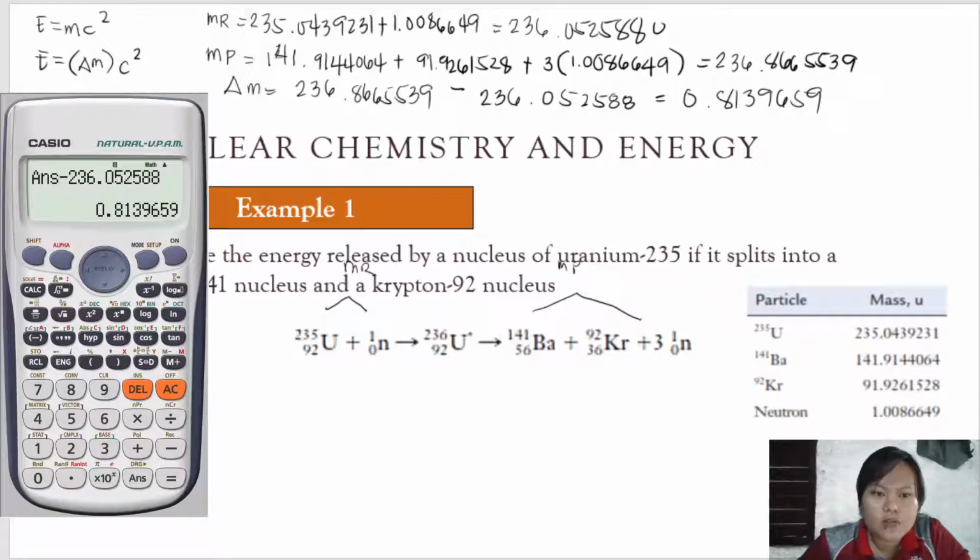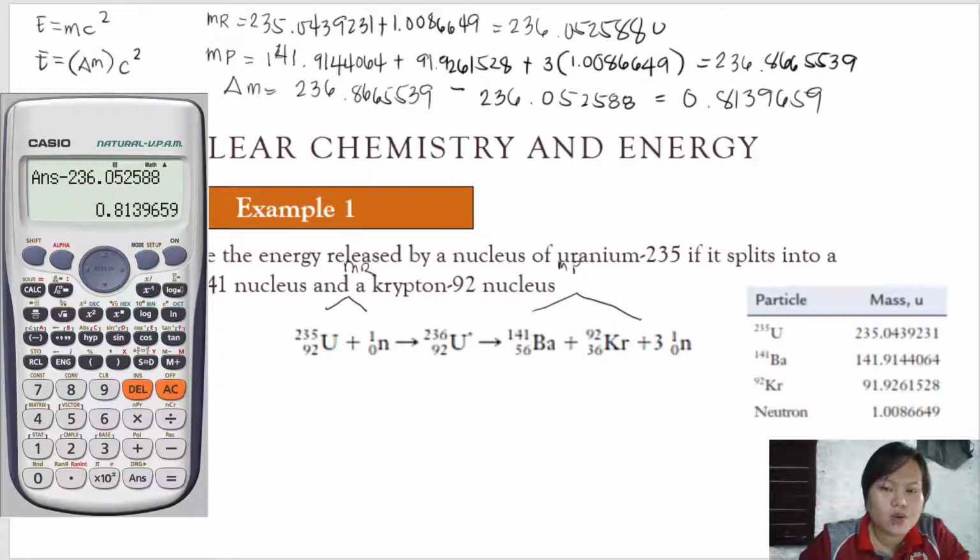Normally, when we're solving, we do the rounding off at the end of our solution so that we can be sure that all the decimal places are considered. So next, we can now solve using our formula since we have found the mass defect.